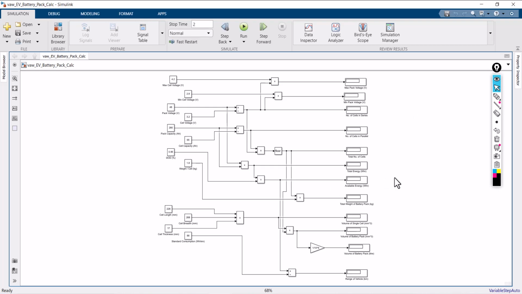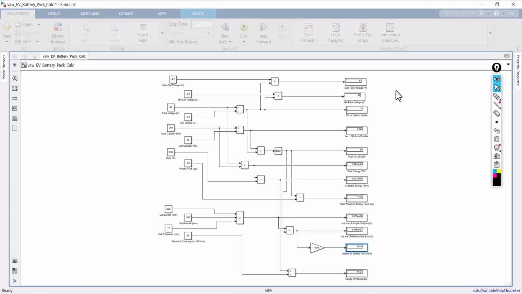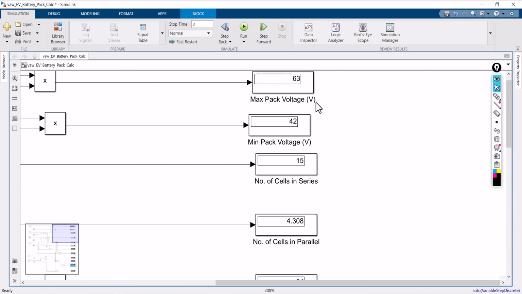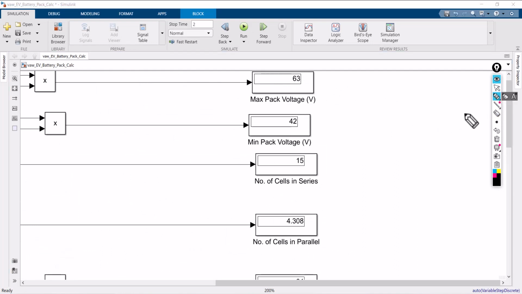Once you run this battery pack program, it will give you whatever the requirement actually wants. I'm running it. You can see the maximum pack voltage is 63 and minimum pack voltage is 42. But whatever the case, what we need is 48 volts.